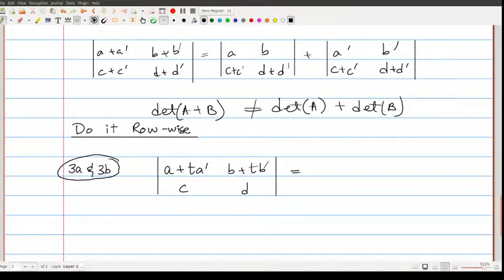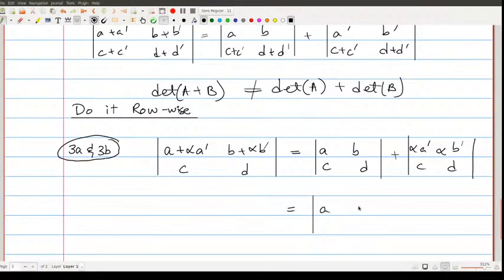So this is equal to the determinant of, I can first separate out the addition that was happening. So the row-wise addition is separated, tA prime, tB prime, C, D. Let's make that alpha.